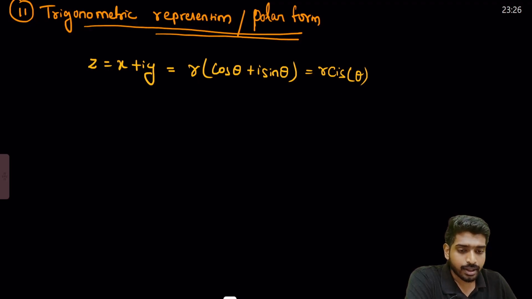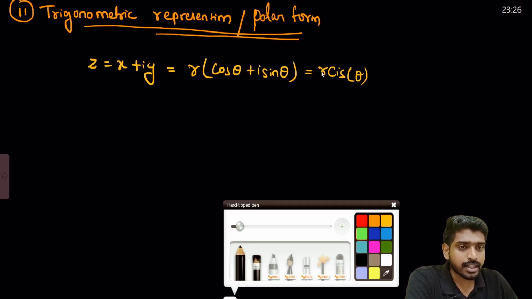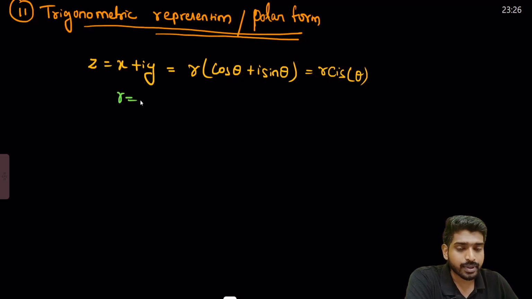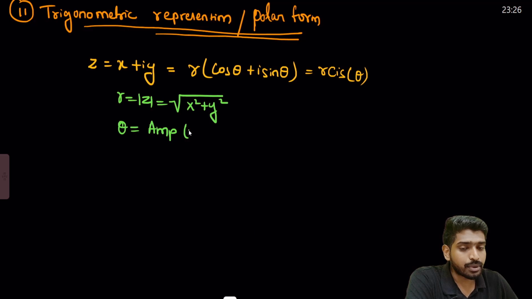Got it? Now here, what is r? R is nothing but the modulus of this complex number, which will be the root of x square plus y square. What is theta? This theta is nothing but the amplitude of this complex number z. And as we know, the amplitude of a complex number is always from minus 180 degree, open bracket, minus pi to plus 180 degree.